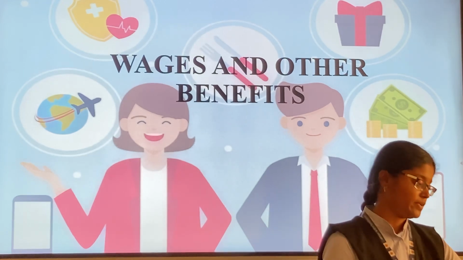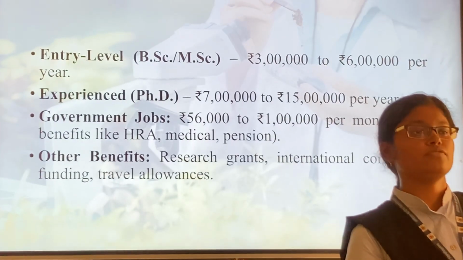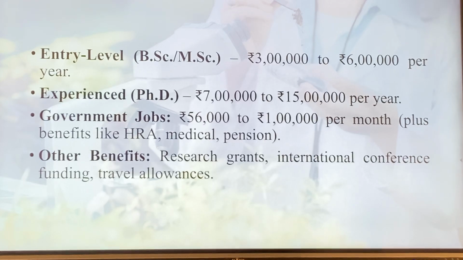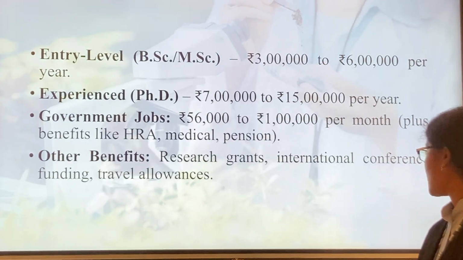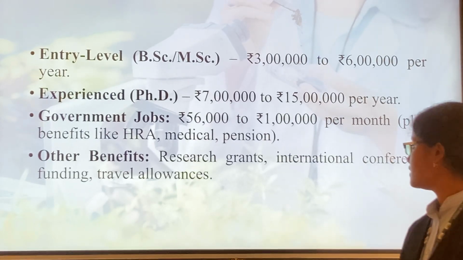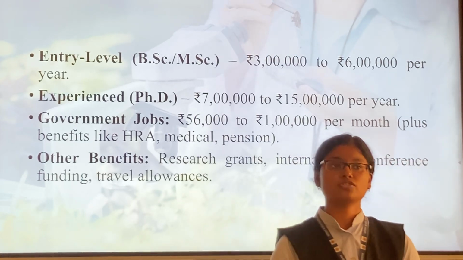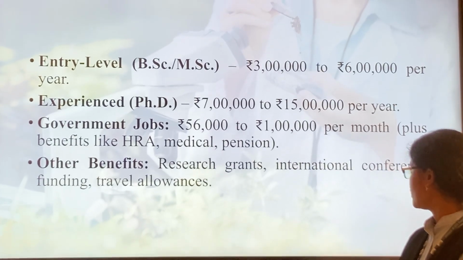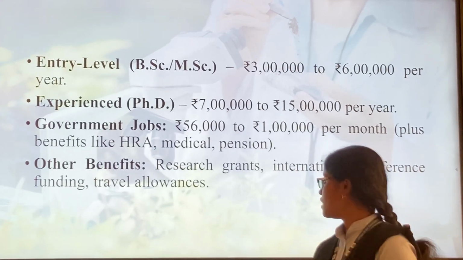Wages and other benefits. For entry level, if you are getting your job with a BSc as the minimum qualification, your salary is on average 3 lakh to 6 lakh per year. Then if you have done your PhD and go for a plant biologist job, your salary will increase to 7 lakh to 50 lakh per year on average.